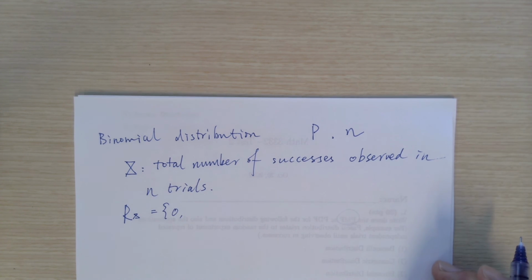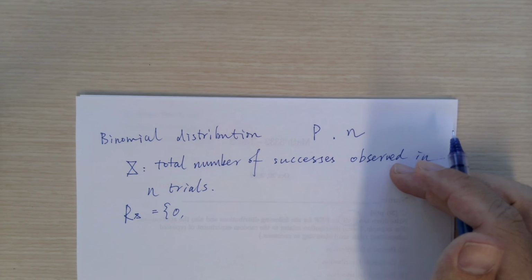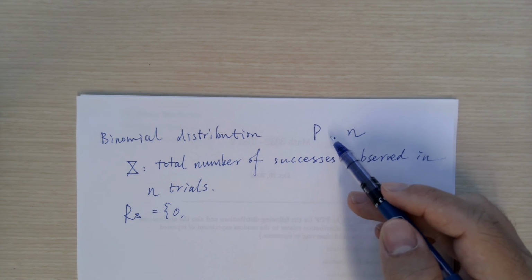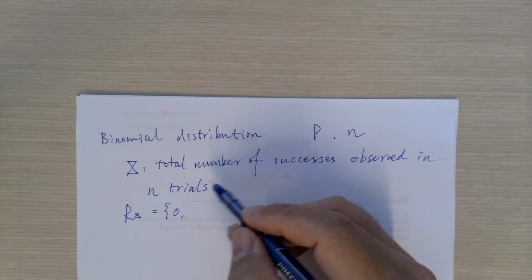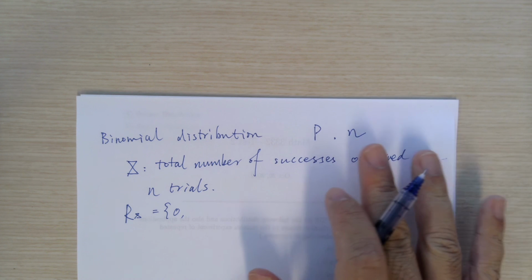If we're still using the head and tail example, where the probability of a head is p and tail is 1 minus p, when X equals 0 that means you have all tails: tail, tail, tail, tail, tail.